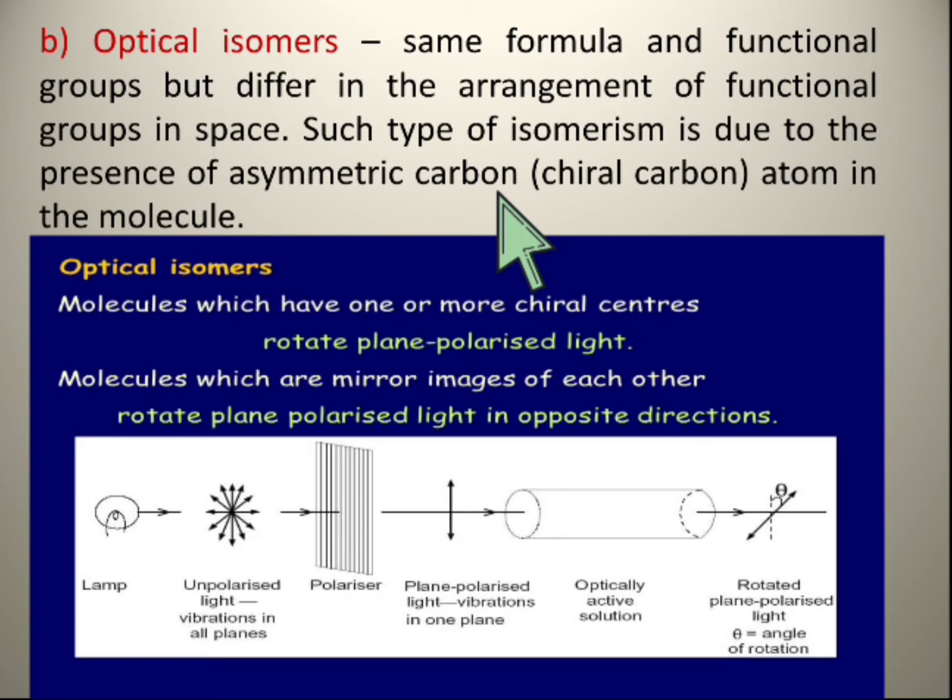Okay, the functional groups are arranged in a different way in their molecule. So by virtue of the presence of this chiral or asymmetric carbon atom, the molecule usually becomes optically active.